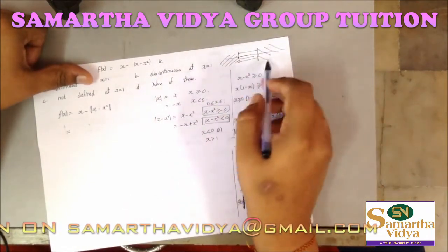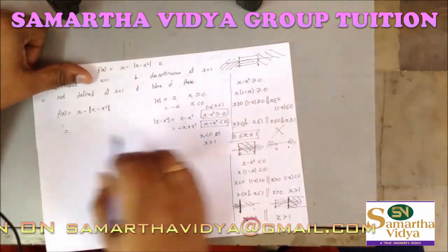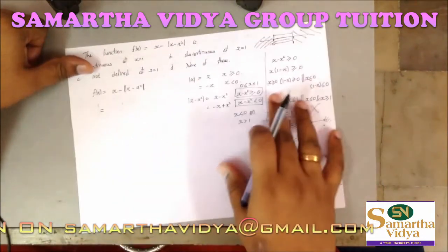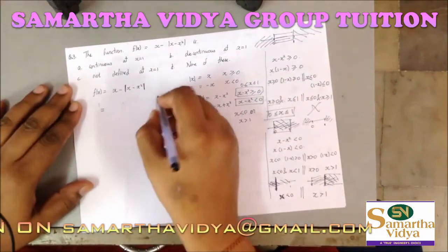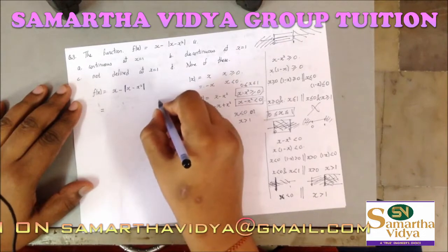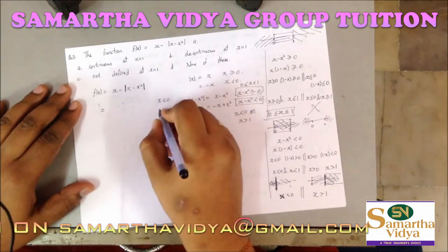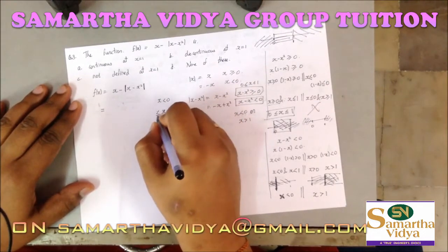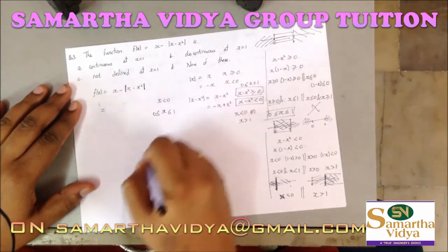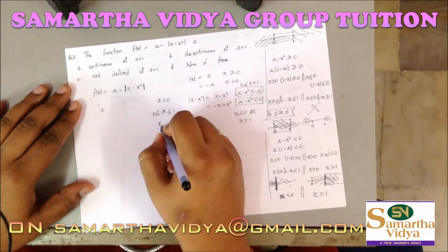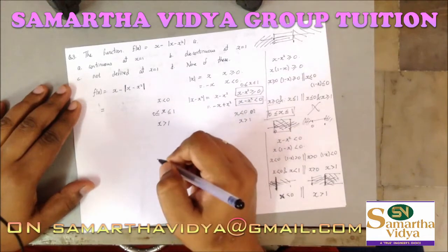So there are basically three regions where we have to define this particular function. So now, just writing the regions, we have x is less than 0, we have x which is between 0 and 1, and we have the last one which is x is greater than 1.